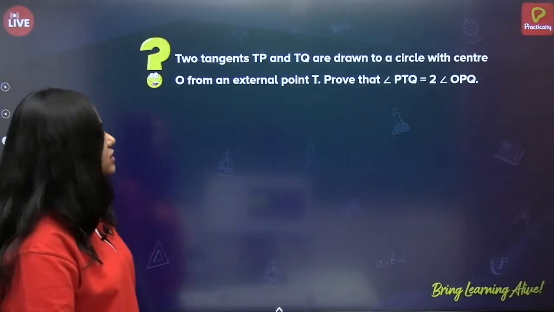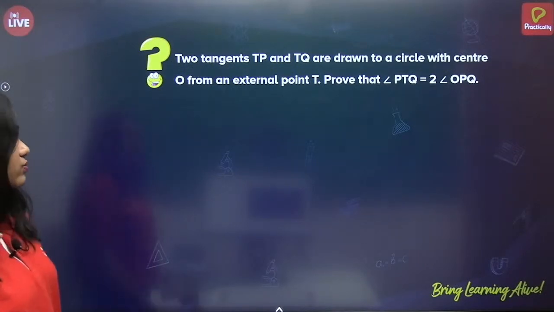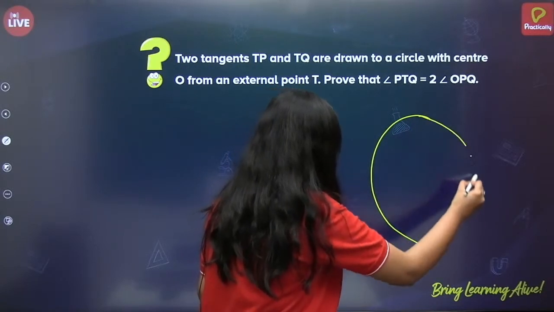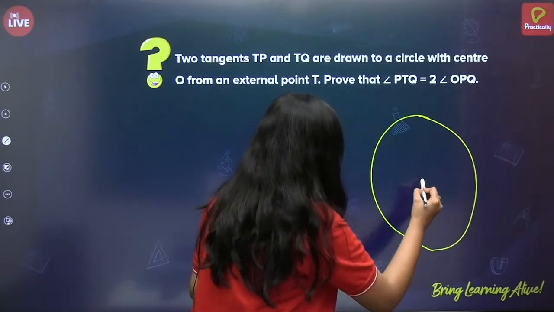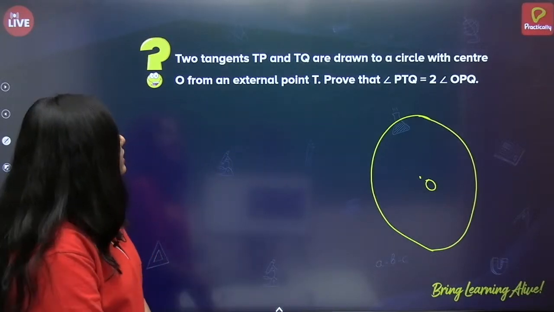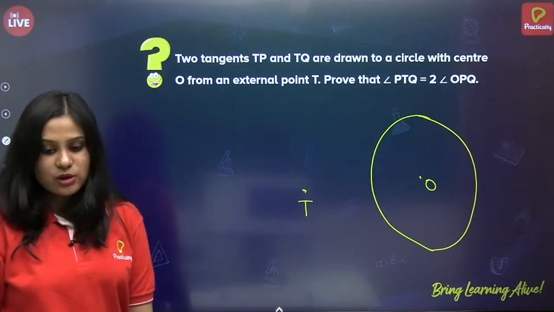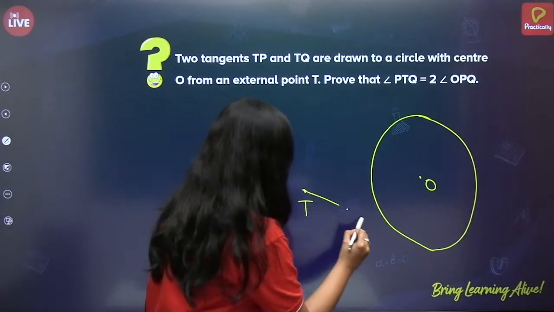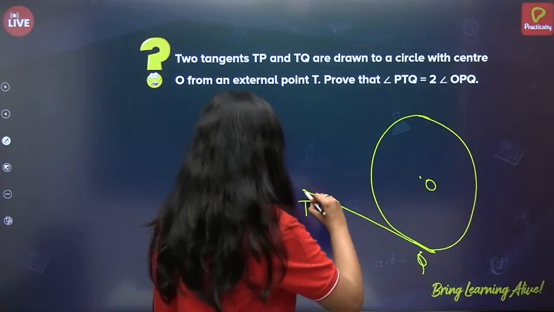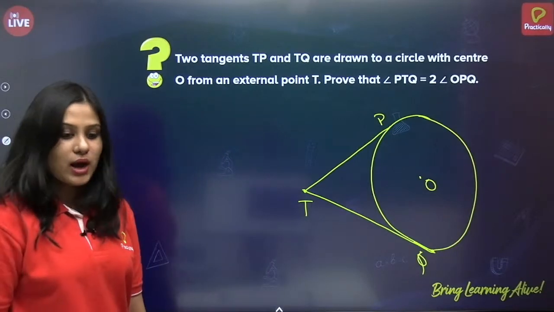Two tangents TP and TQ are drawn to a circle with center O. Okay, there is a circle, center O, alright, and TP and TQ are drawn. So, this is the T, correct, which is outside the circle. Then there is this Q, there is this point P. TP and TQ are tangents.